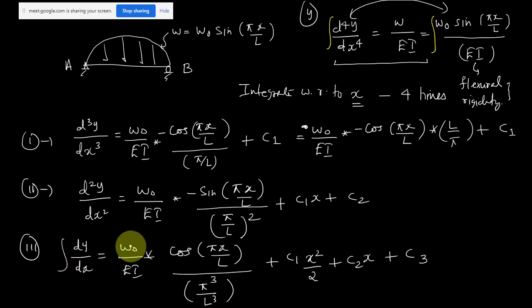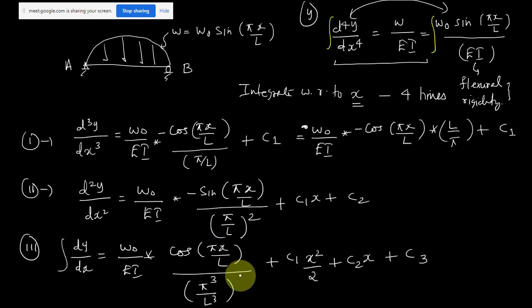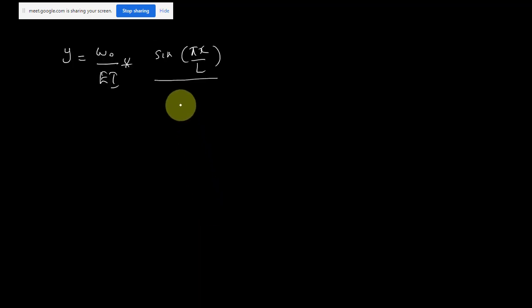What about this term? w0 by EI is a constant, and the integral of cos will be sine, so it will become sine of pi x by L divided by pi cube by L cube, which becomes pi raised to 4 by L raised to 4.